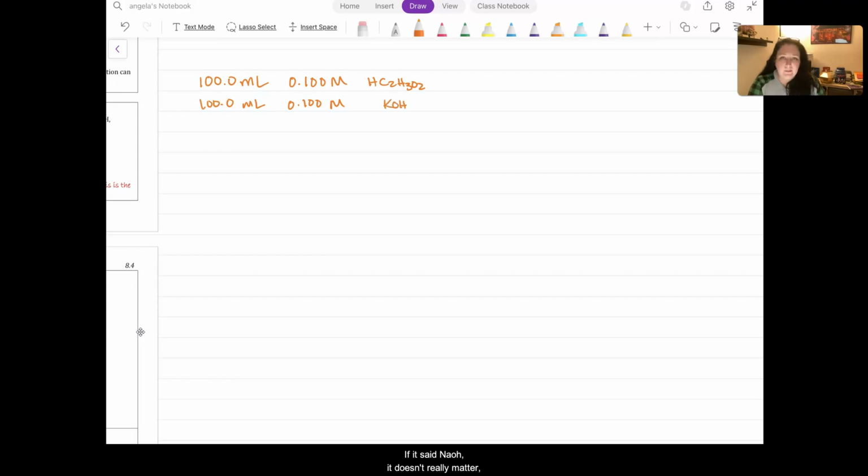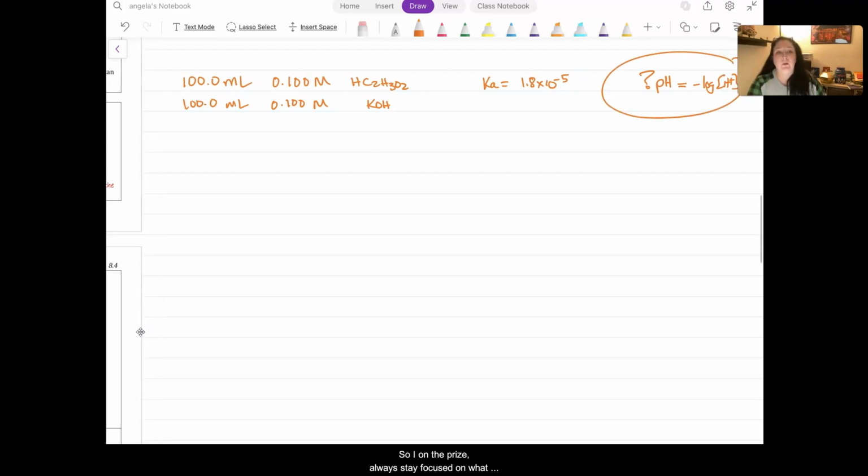If it said NaOH, it doesn't really matter, but I'm pretty sure that one said KOH. Then they told me that the Ka for my acid was 1.8 times 10 to the negative 5. And my goal is, what is the pH? So that means I am looking for the concentration of the H plus or the hydroxide OH minus. So eye on the prize, always stay focused on what you're trying to find out.